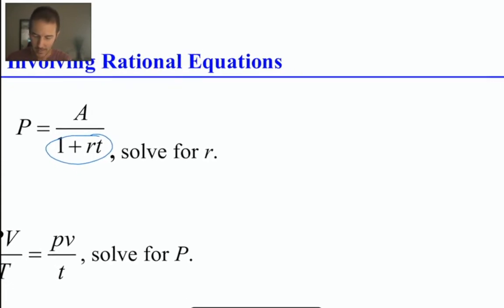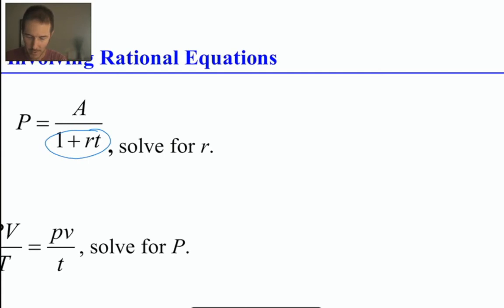Let's try it. I'm going to rewrite my original equation over here. P equals capital A over 1 plus RT. Great. So that's my original equation. Now I want you to rewrite this equation below it, except we're going to multiply both sides of the equation by 1 plus RT over 1.